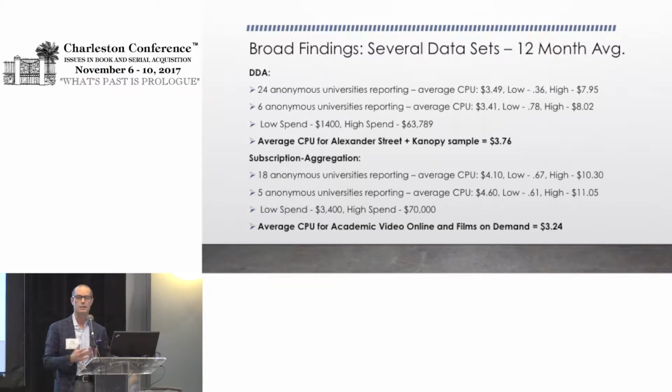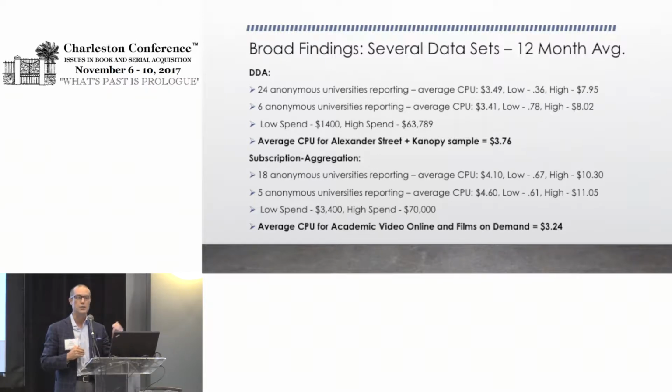So, broad findings across this 12-month data set. The first number, the 24 anonymous universities, those were the ones I collected. The one below it, the 6, are the ones that Corey collected. I think you can see, without me going through each one of these data points, that there's a pretty consistent band in spend across DDA and subscription aggregation from the data we collected.